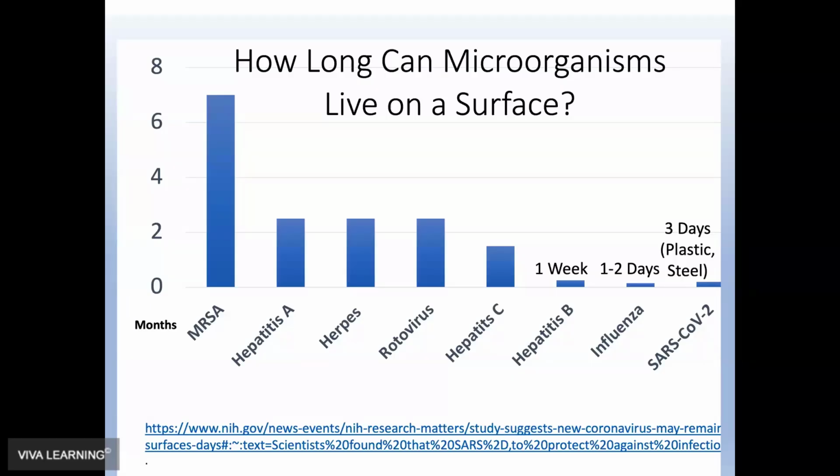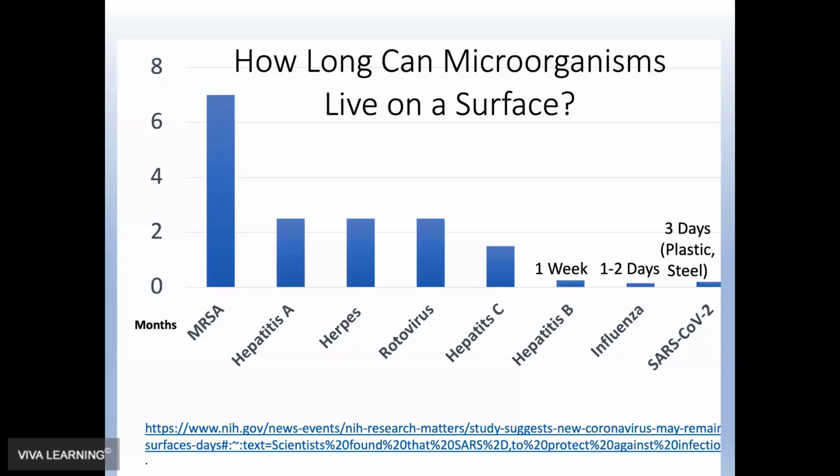This slide shows how long various microorganisms can live on a surface. And to me, this is an interesting slide because some of them can live on surfaces for quite a long period of time. MRSA, for instance, can live on a surface up to 7 months. Hepatitis A, herpes, rotavirus, over 2.5 months, hepatitis C, 1.5 months, hepatitis B up to a week, influenza, a couple of days, SARS-CoV-2, which is the virus that causes COVID-19, can live on plastic and stainless steel for up to 3 days.